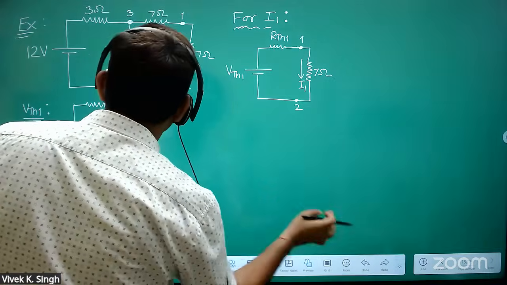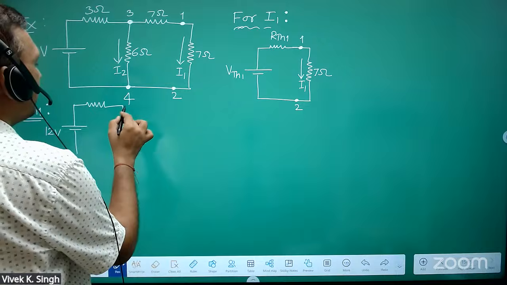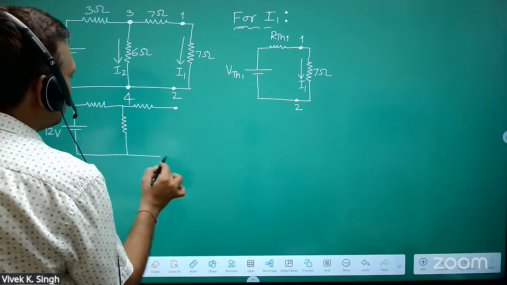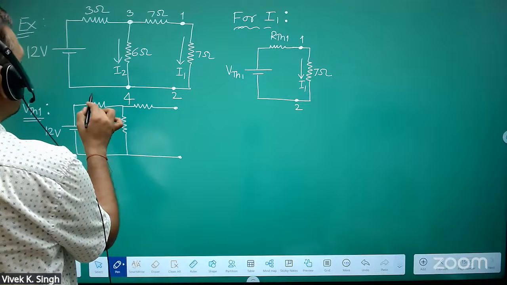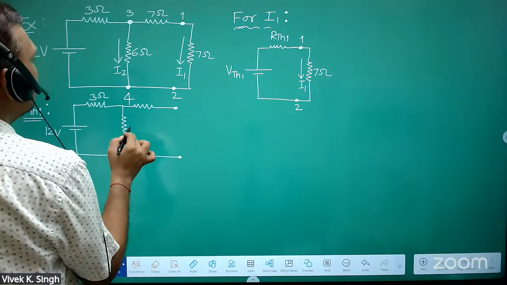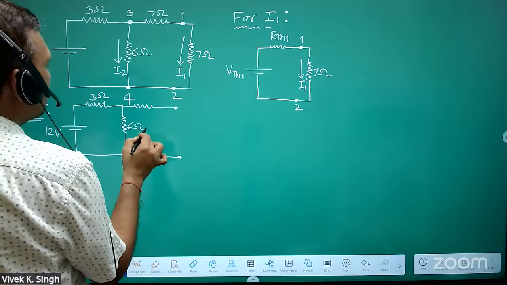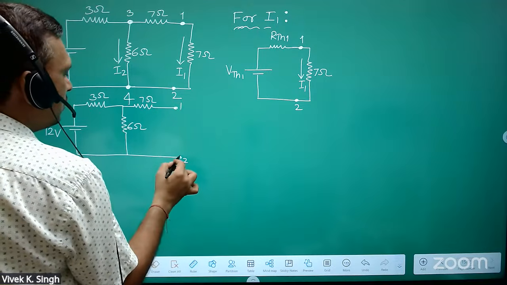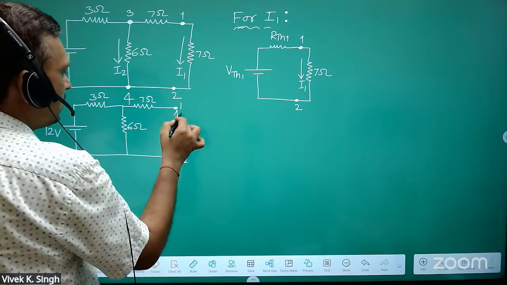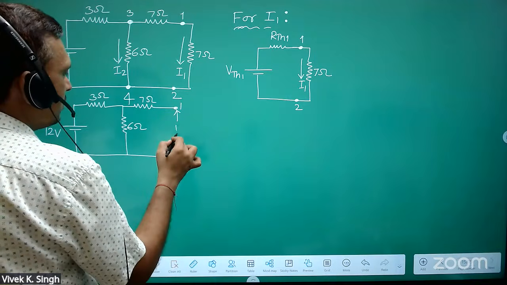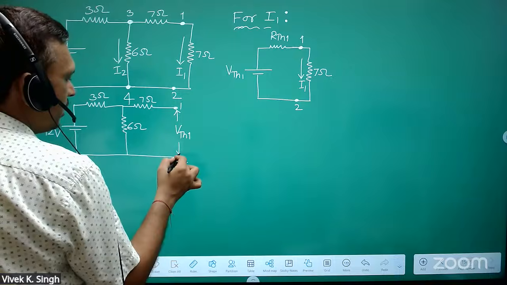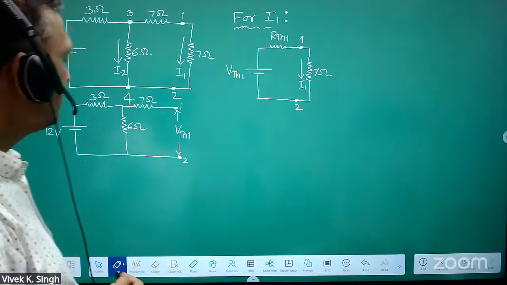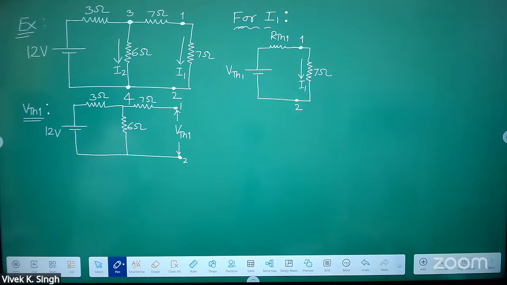And this will be 7 ohm, 3 ohm, 6 ohm, and this is 7 ohm. This terminal is 1 and 2. Now this voltage is VTH1, the open circuit voltage. By definition, you have to find open circuit voltage. So let's calculate that voltage.